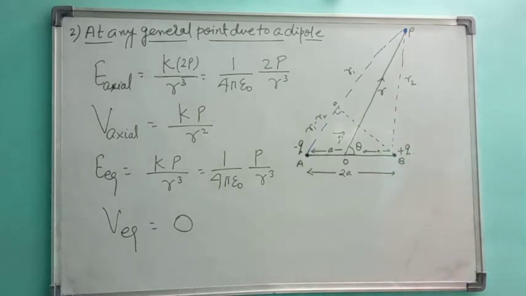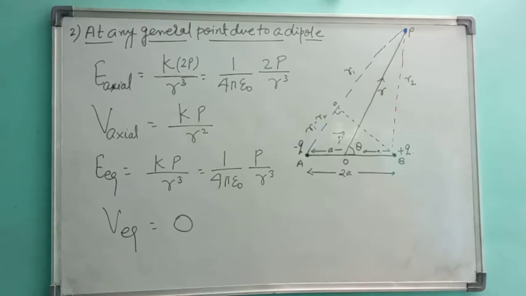And the third point is a very important point. At large distance, the dipole potential falls off as 1 upon r squared.